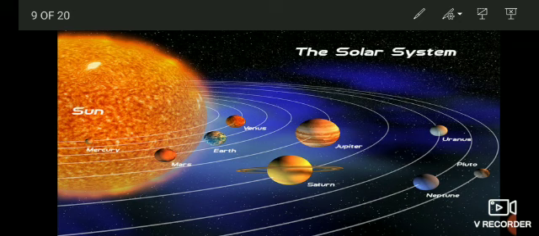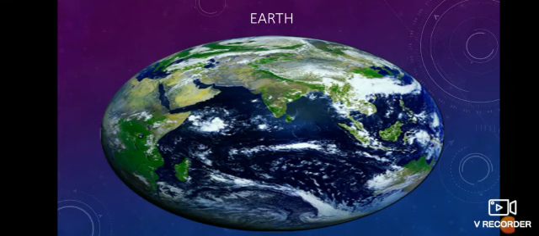Among these, which is our home planet? Can you identify our home planet and what is the shape of that home planet? Now we see which is our home planet here. It is our Earth. What is the shape of this Earth?